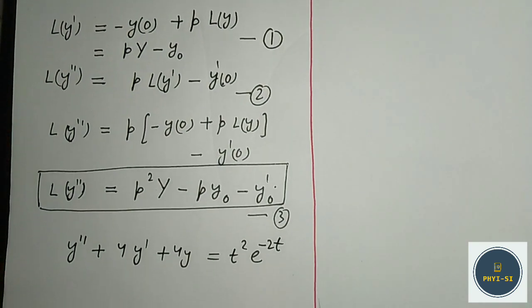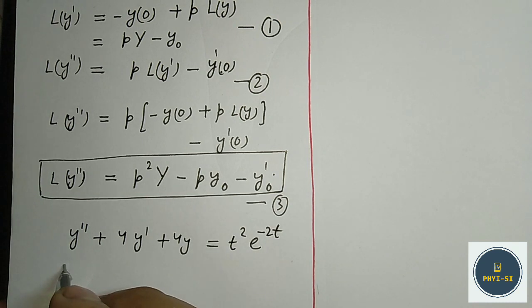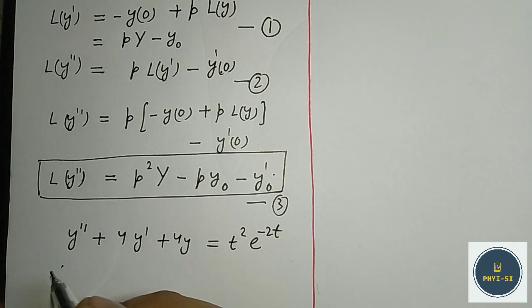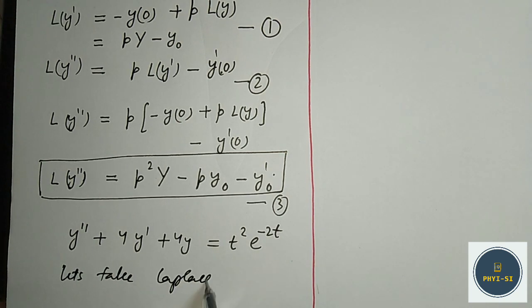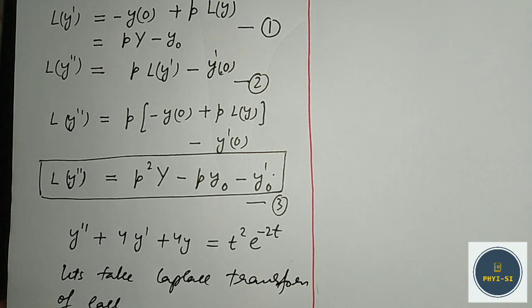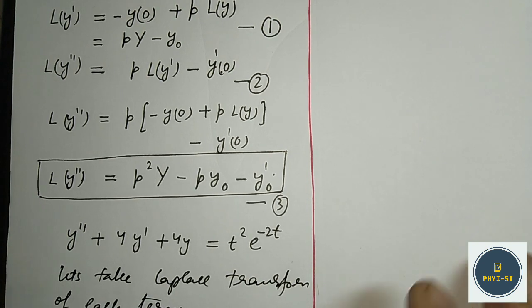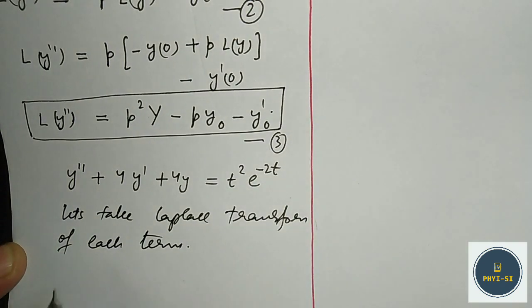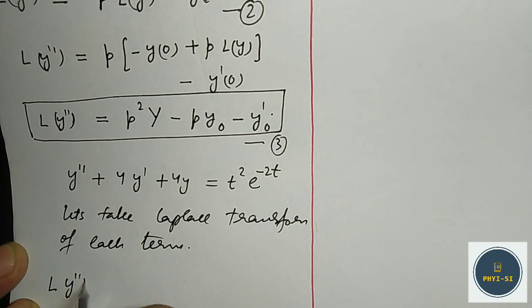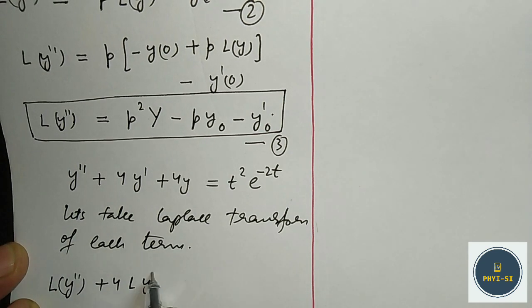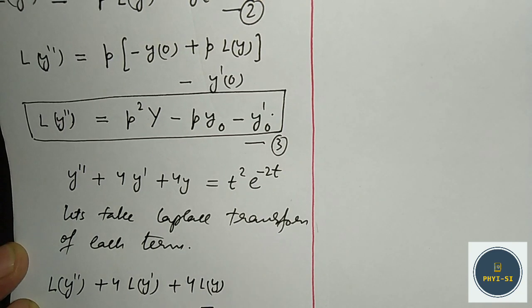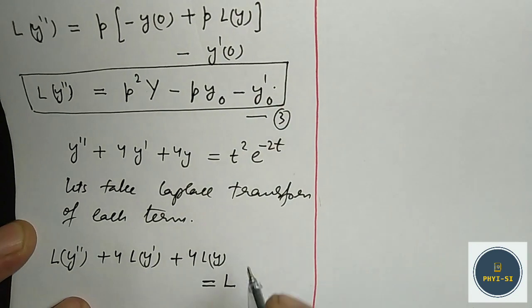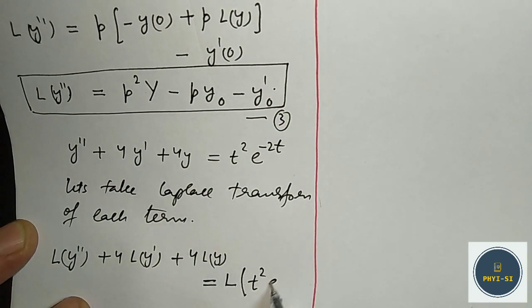Let's take the Laplace transform of each term. I can write it as L of y double dash plus 4 L of y dash plus 4 L of y, equal to the Laplace transform of t square e raised to power minus 2t.